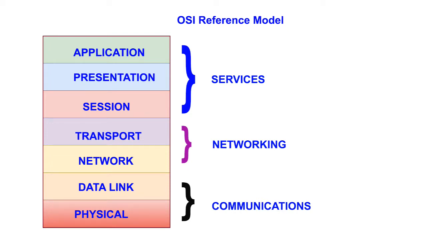Network layer. The message at the physical layer is called bits, whereas at the data link layer it is in the form of frames, and at the network layer it is packets or datagrams.